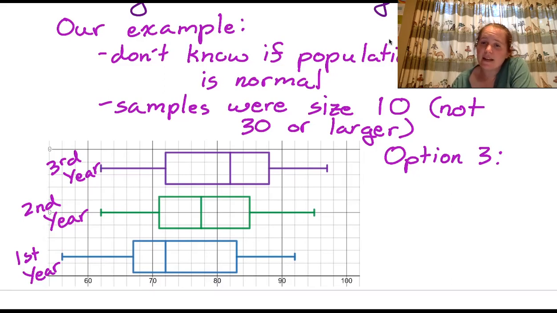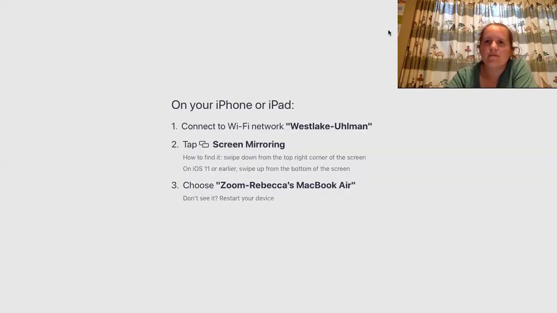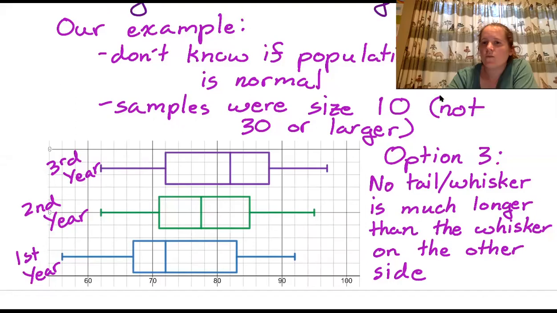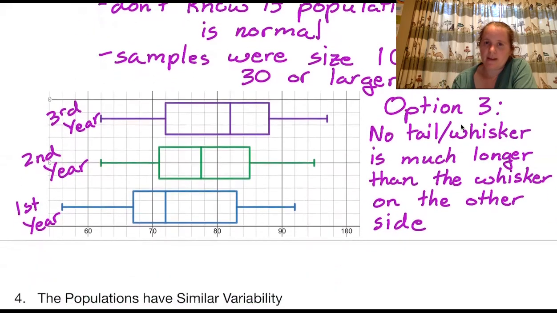So that means the data, none of, trying again. No tail or whisker is much longer than the whisker on the other side. So by that I mean, right, so here's a whisker and a whisker. They're fairly similar in length. Whisker and whisker, fairly similar in length.